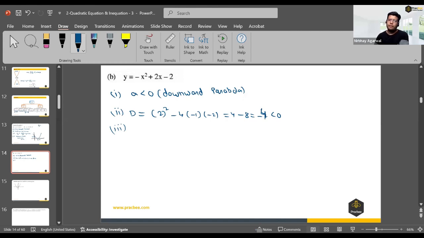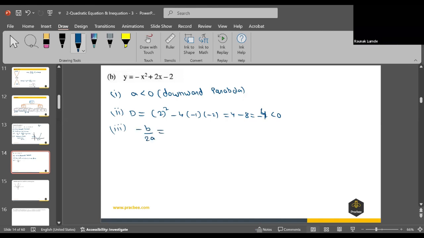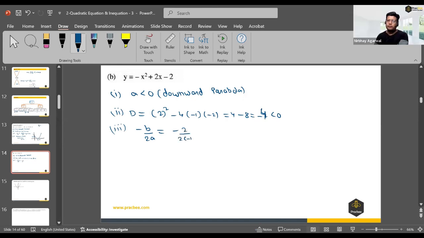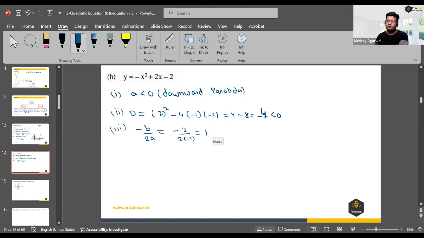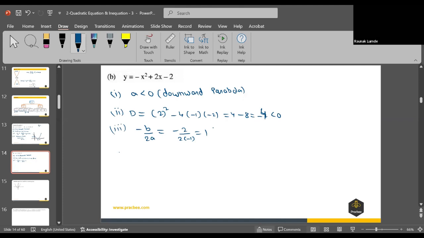Now third condition, minus b by 2a. Minus 2 upon 2 into minus 1. So it will be 1.